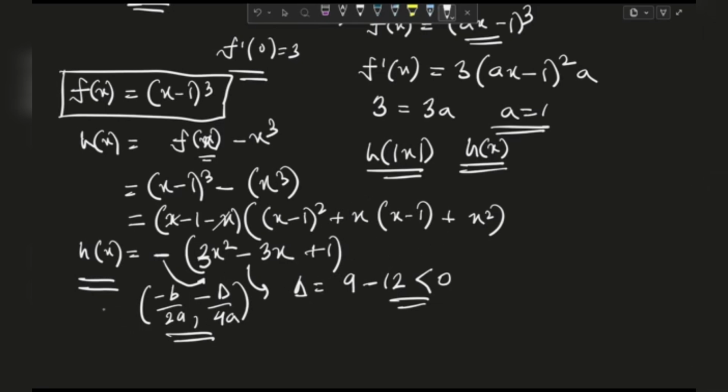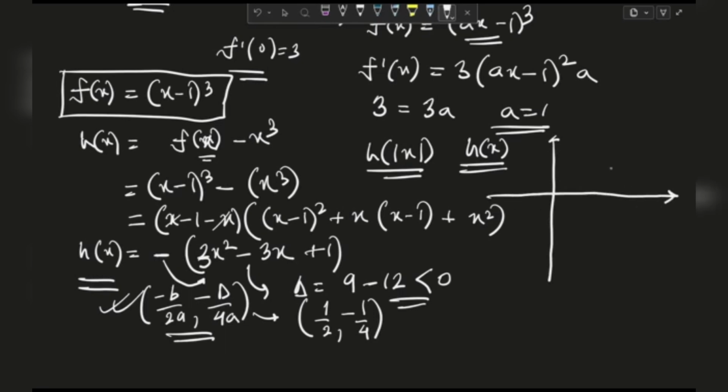If you find this out, the answer is half comma minus 1 by 4. This is just for ascertaining the graph a little bit. So if we draw the graph, it looks something like this. As per my calculations, this is half comma minus 1 by 4. If we take this to be half, say this is 1, then it is somewhere here.